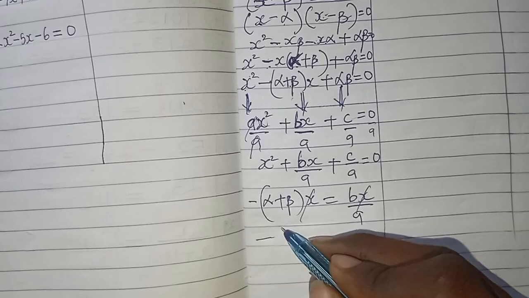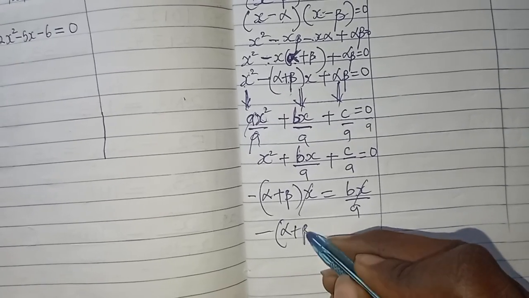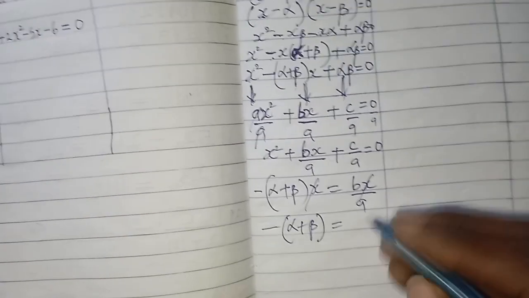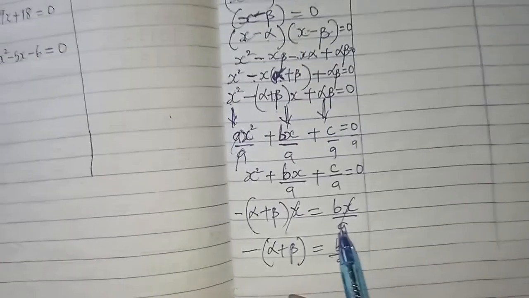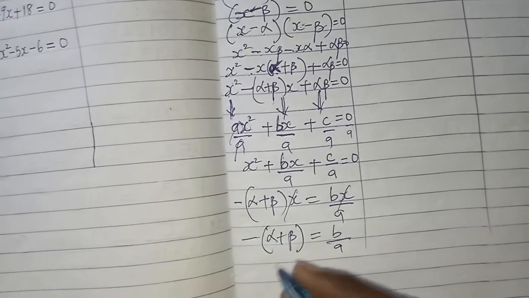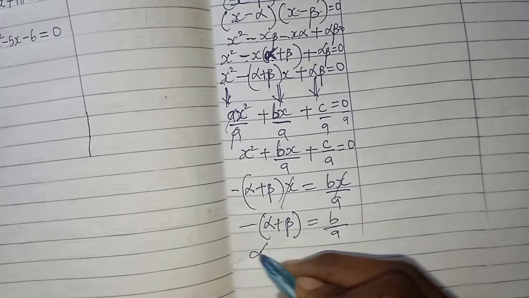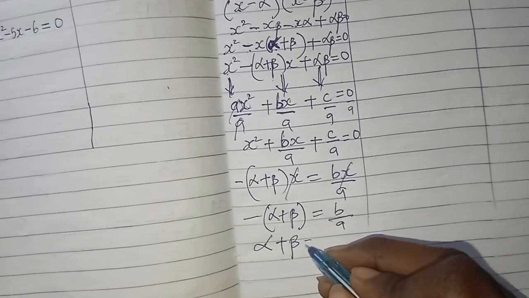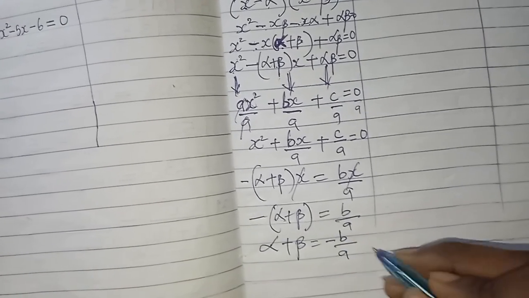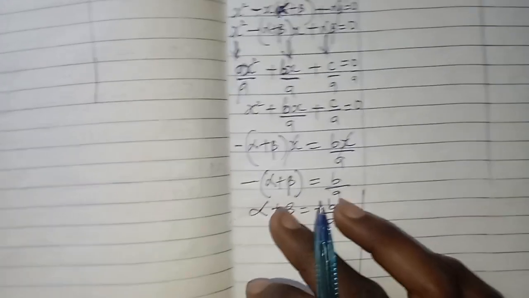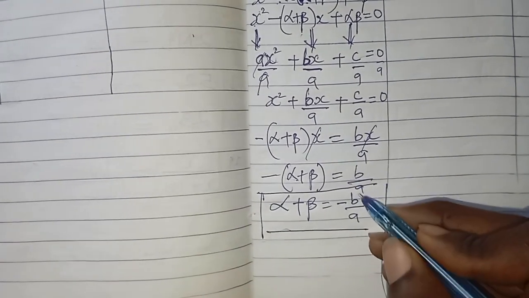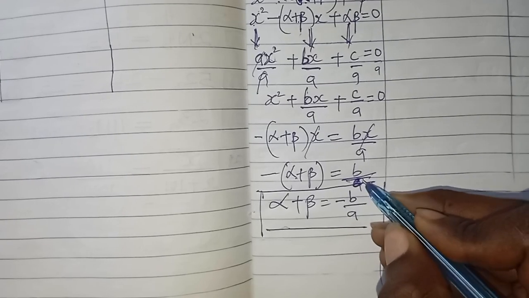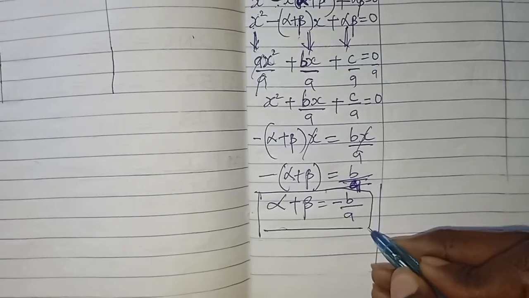So you have minus alpha plus beta is equals to b over a. So since we are finding sum of roots, making the subject of the formula, you see that we have alpha plus beta is equals to minus b over a. So this is the method 1 for sum of roots.